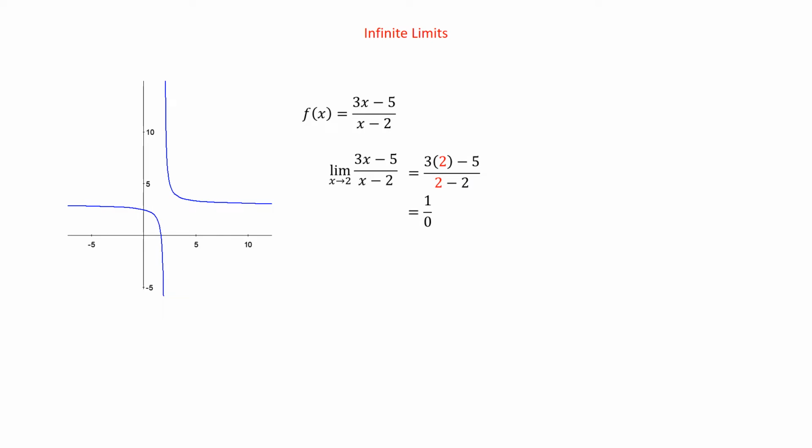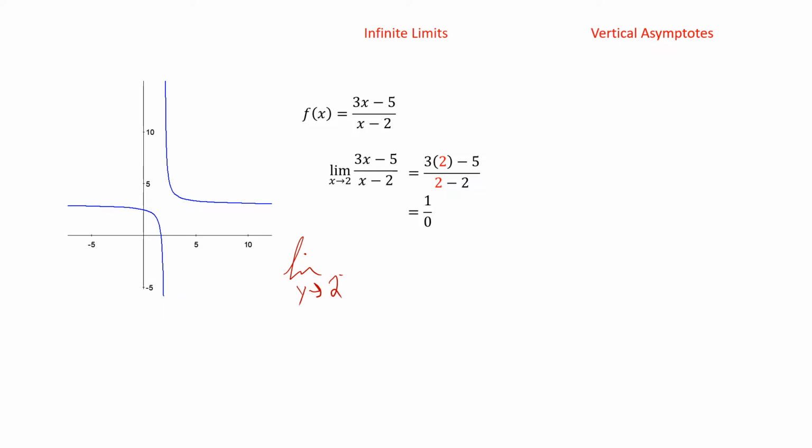And so to do that, we are going to just look on each side so we can have the one-sided limits. In this case, the limit as x goes to 2 from the negative side, we can plug in numbers that are a bit smaller.